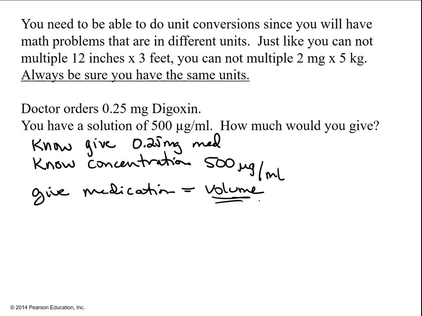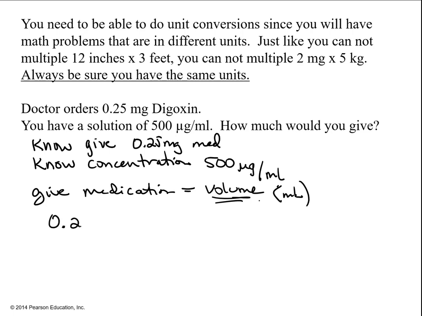Because it's a solution. So my medicine is in a liquid, so I'm going to have to give some kind of volume. And in this case, it's milliliters is what I know my volume is. So I know my volume in milliliters. So that means that I have to end up with milliliters all by itself.